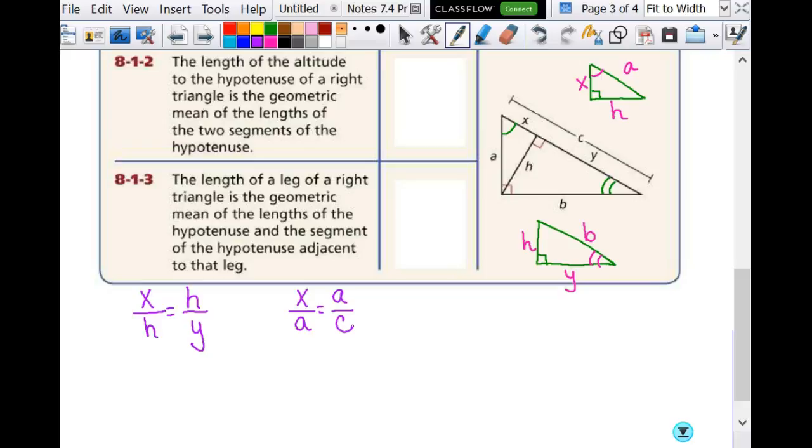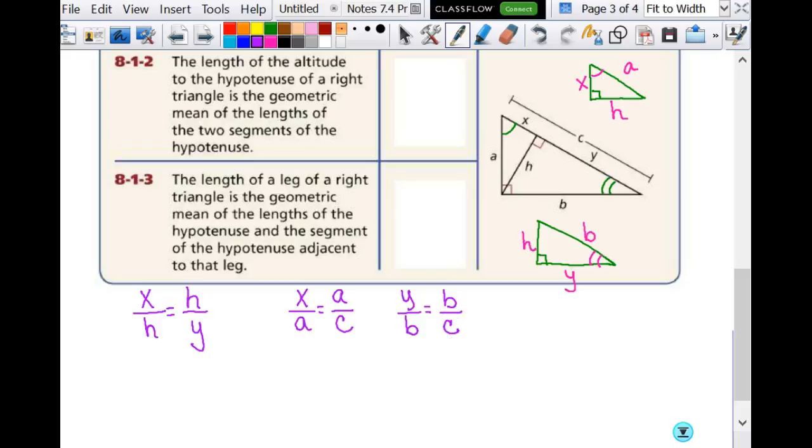Then I want to look at y in the medium one. It corresponds to this part of the largest one, so it goes with b. So I'm going to put y over b is equal to, and then b, which is the hypotenuse in the medium one, corresponds with c, which is the hypotenuse in the largest one.